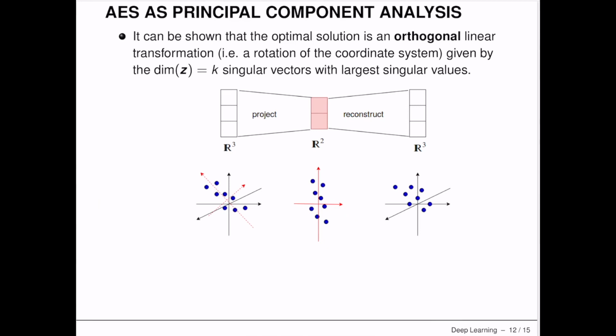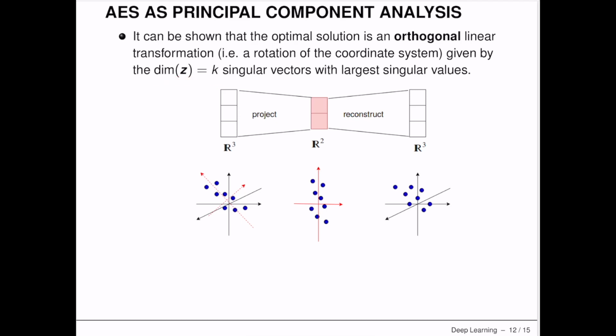Now it can be theoretically shown that the optimal solution to this task of learning the linear projection with the minimal L2 reconstruction error is given by an orthogonal matrix, so an orthogonal transformation, which is given by the k singular vectors with the largest singular values, where k is equal to the number of hidden neurons.